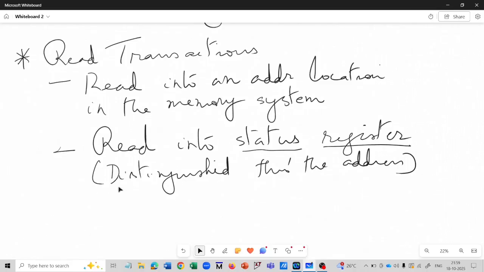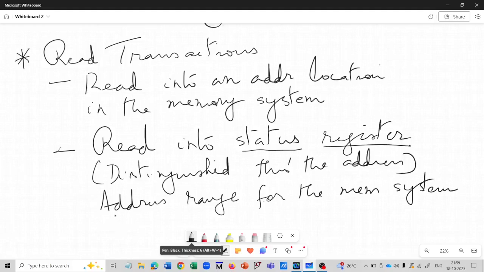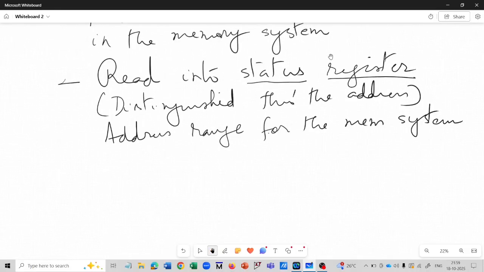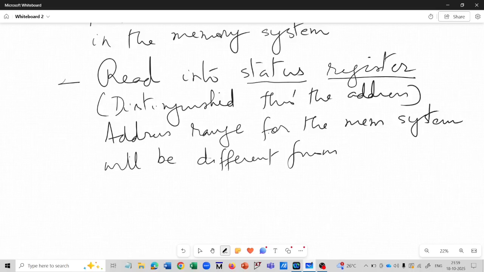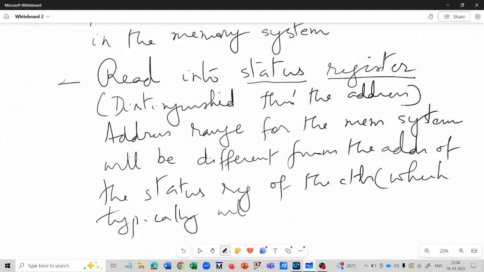So it has to be remembered that the address range for the memory system will be different from the address of the status register of the controller, which typically will be a single address.